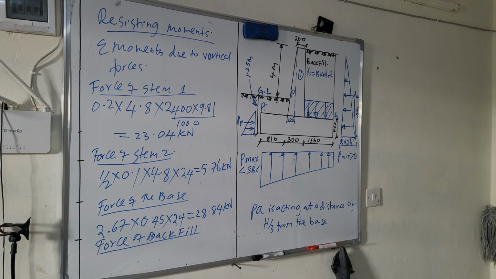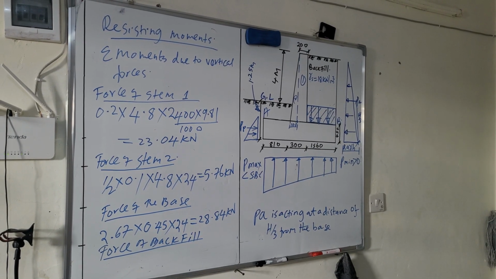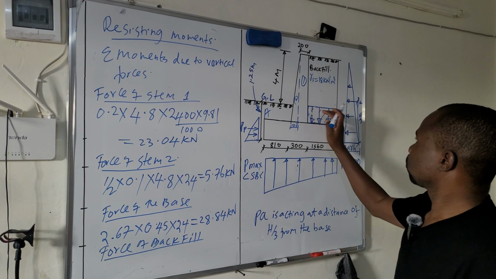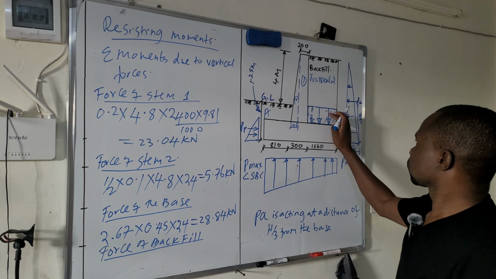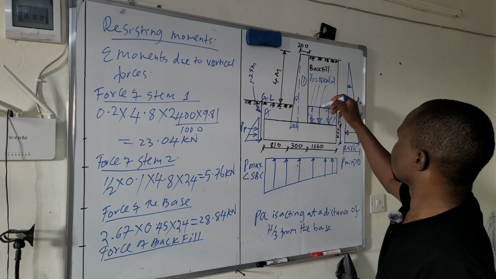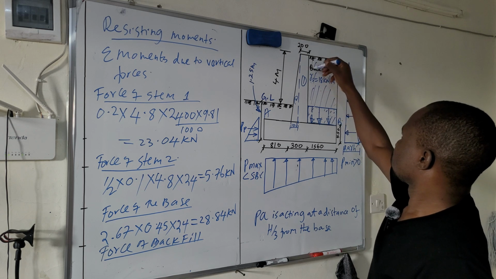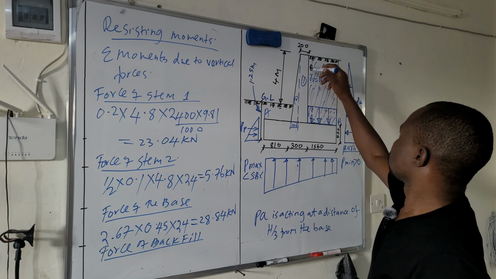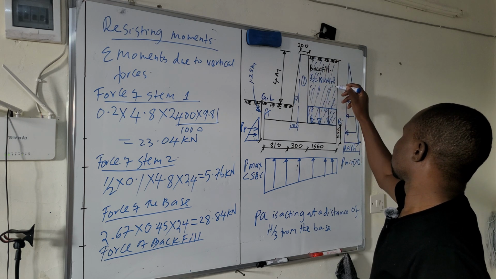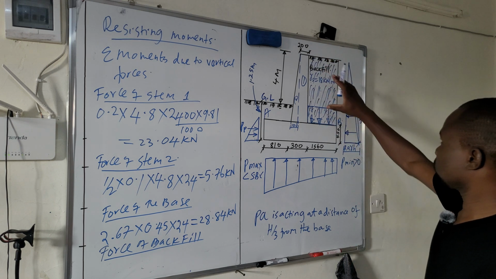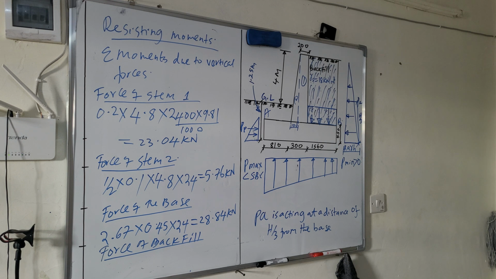So the force of backfill is given by the area of this times the unit weight of soil. So the area of this rectangle, which will be length times width.